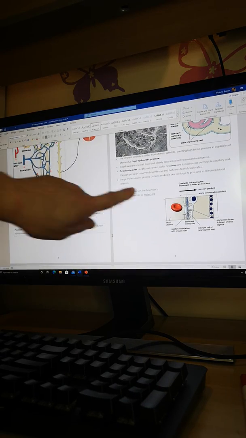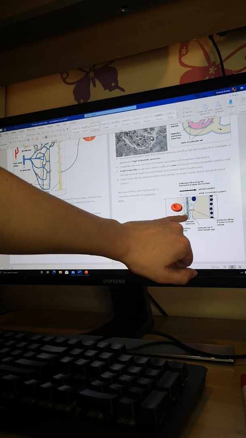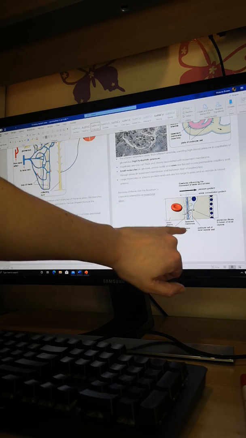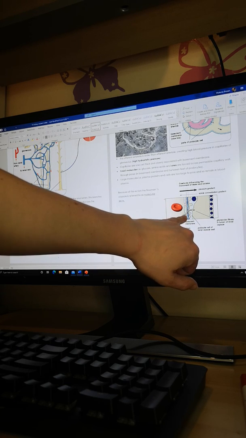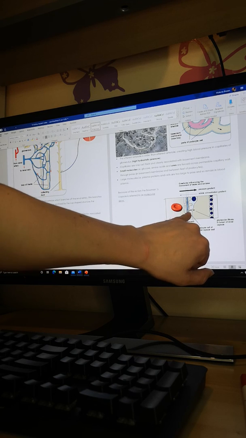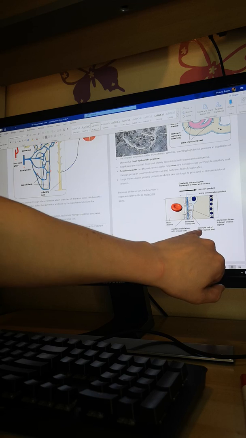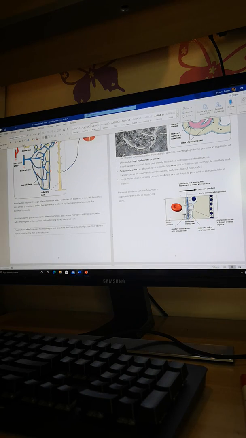And in the keynotes you can see a nice little picture illustrating this. If you think about our capillary wall, we've got a permeable capillary wall, so small gaps between the capillary cells, holes, pores in the basement membrane, and pores between the podocyte feet. So really it is a little sieve, like a molecular sieve.